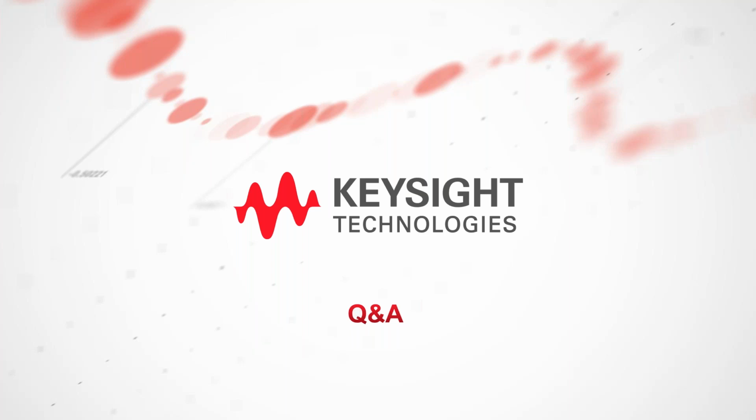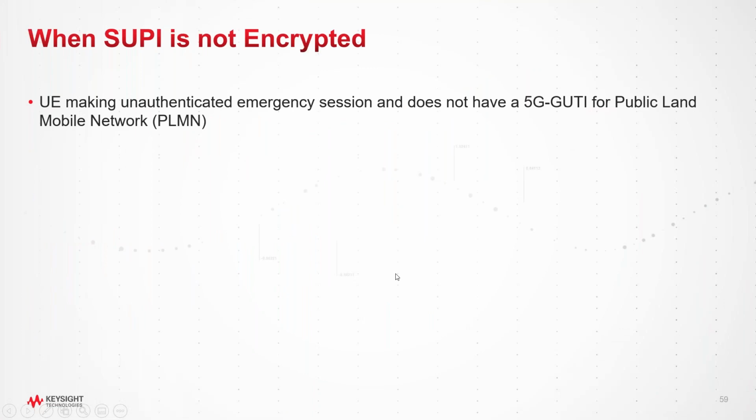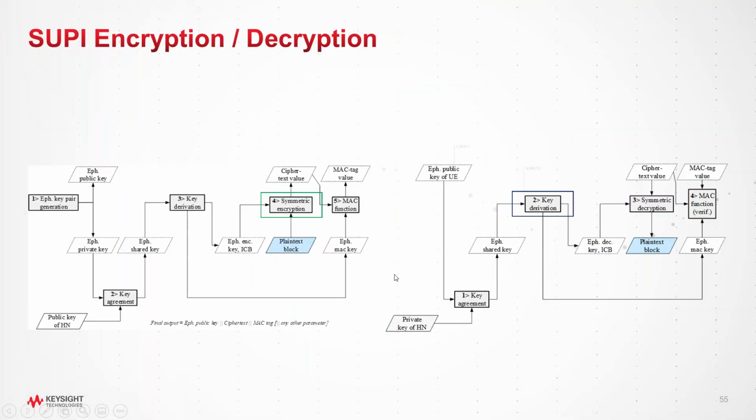In your example, how does the device know that the GX from the network is not from a rogue network? Okay, I think I can go back. I thought we actually covered this, so maybe it wasn't clear. How does the device know that the GX from the network is not a rogue network, right?